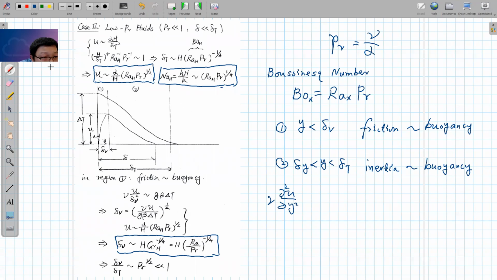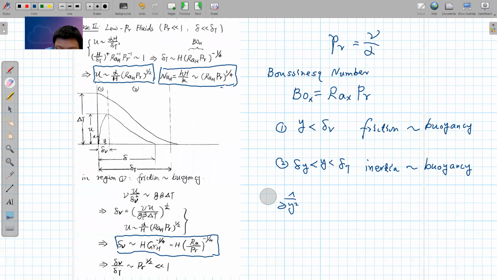So this is telling us that, because this scale delta V is very important, from this scale we can know this double layer structure, which part is layer 1 and which region is layer 2.